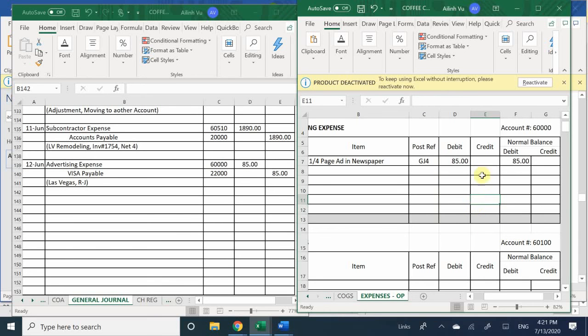And because we used a Visa payable, which is considered a what? What is a credit card? Is it really cash that we have? You say it's checking.